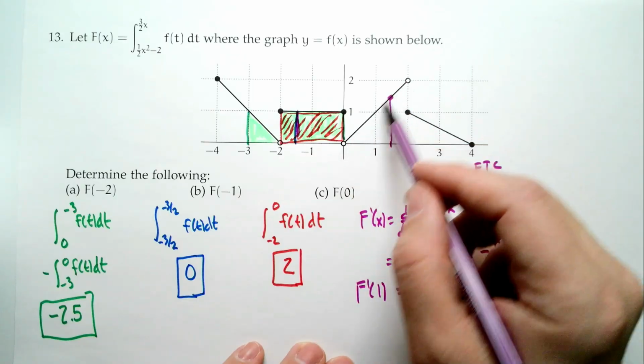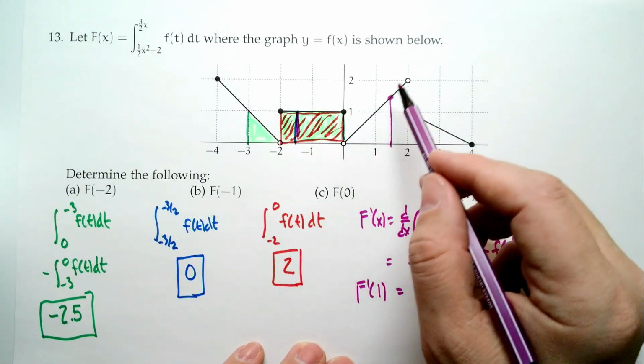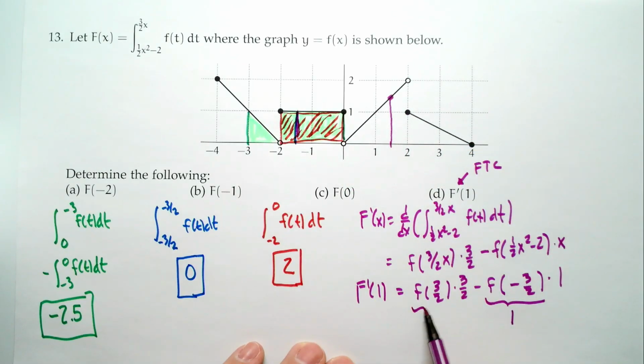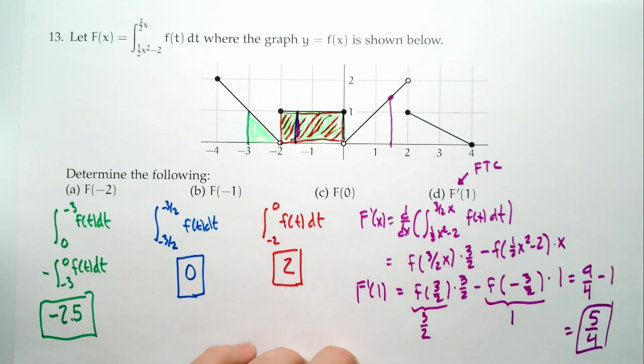Well, this is on that straight line, y equals x. So this is 3/2. So we end up with 3/2 times 3/2, which is 9/4, minus 1 times 1, minus 1. And so that becomes 5/4. And there's our answer.